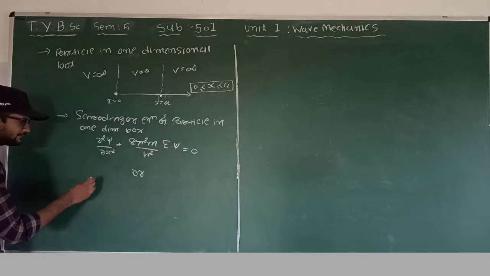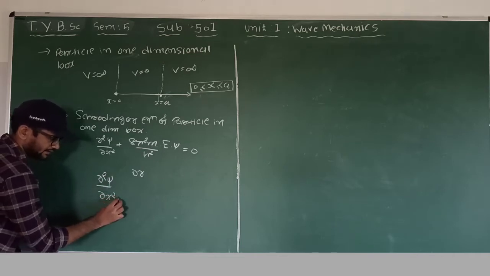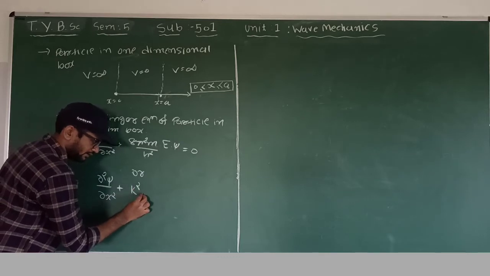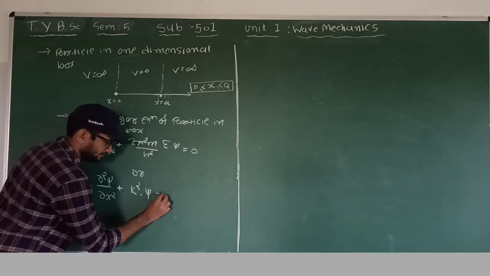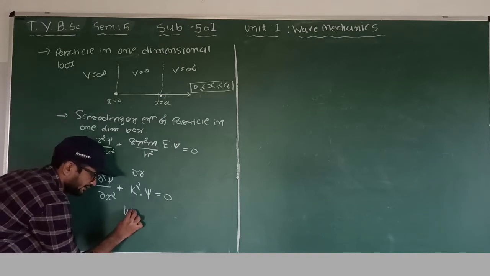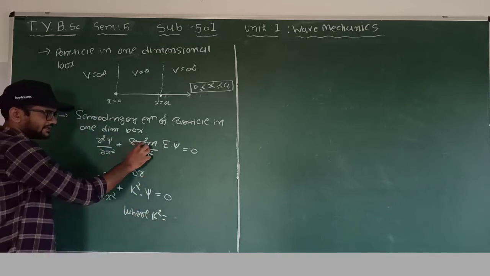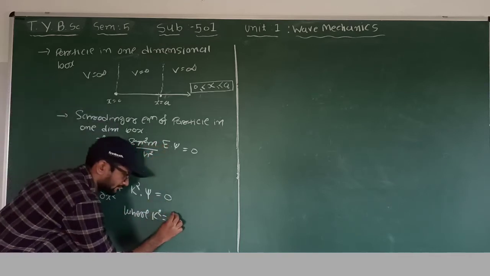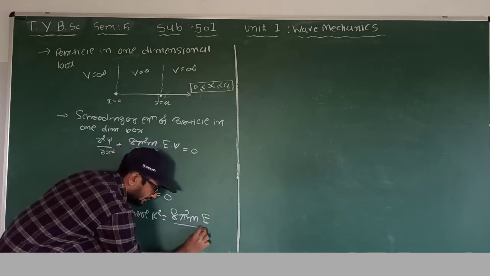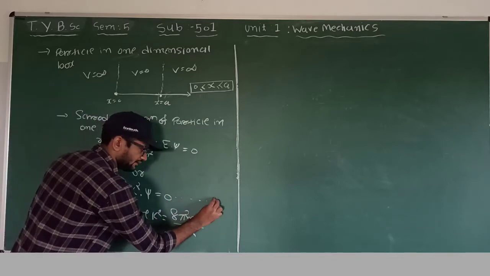So del square psi upon del x square plus k square into psi is equal to 0, where k square is equal to 8 pi square m E upon h square. This is equation number 1.